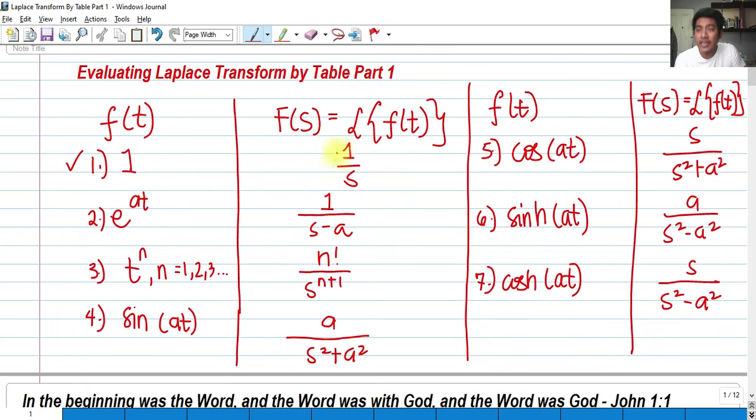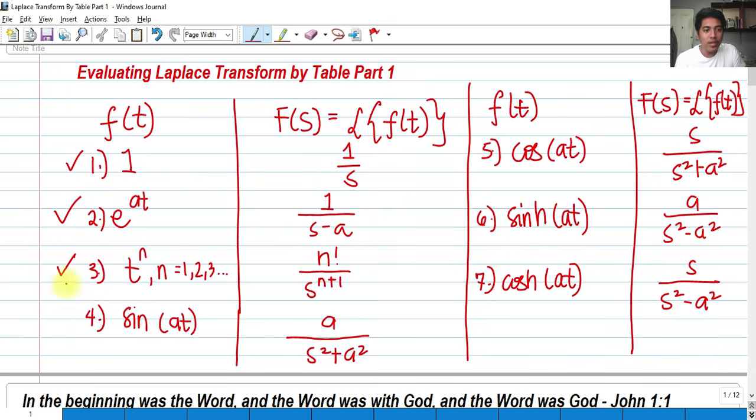We have seen it in the previous video, wherein we derived the Laplace transform of any constant, and it turned out to be the value of that constant divided by s. For the second one, we have e raised to at, where a is any constant. The Laplace transform is simply 1 over s minus a, where a is again any constant, and we also derived this in our previous video.